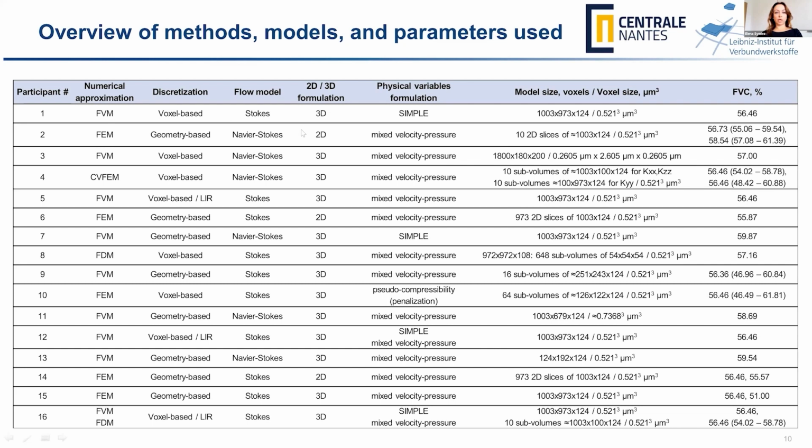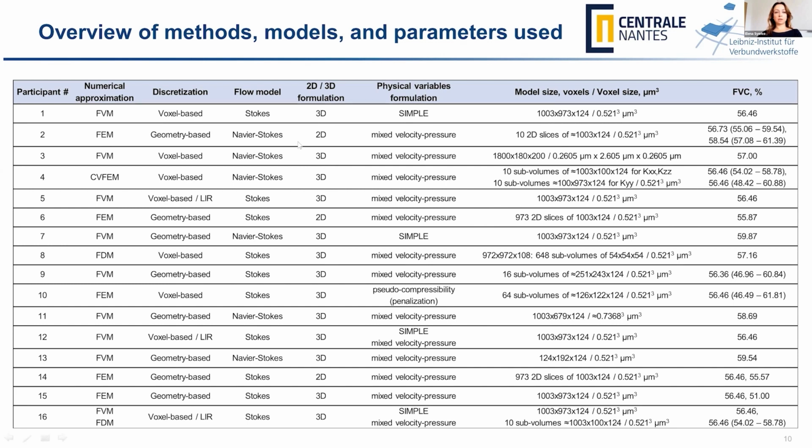And then also you can see whether it's 3D or 2D. As I said, due to the limitations of memory, sometimes it's much more interesting to perform a set of 2D calculations instead of the full 3D calculation. However, we had to see which price we have to pay for that, whether it's representative or not for this kind of structure.